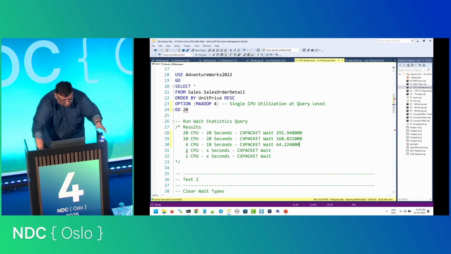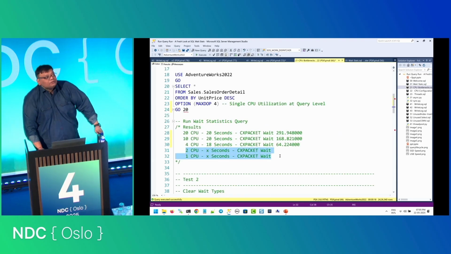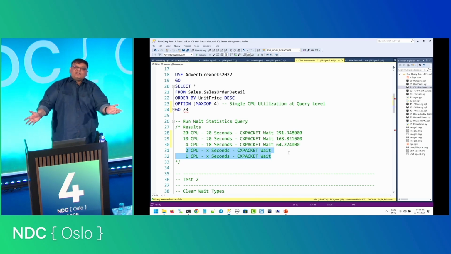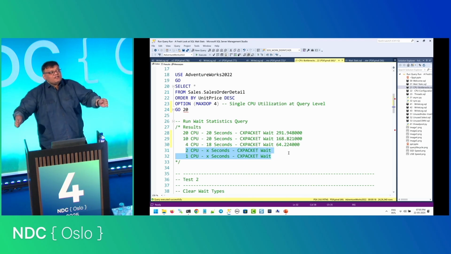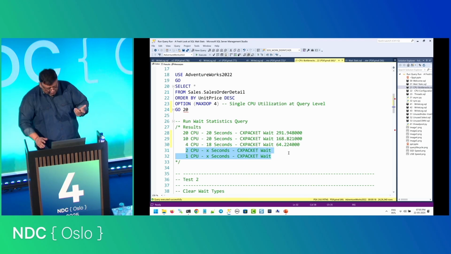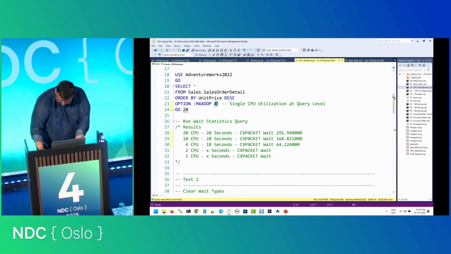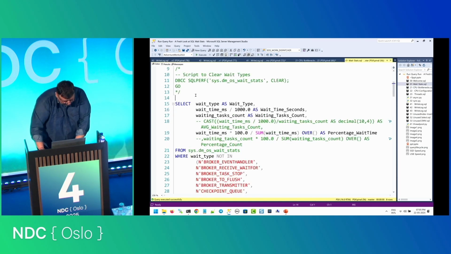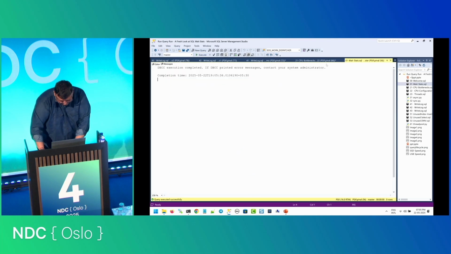64. Do you want me to try it with 2 and 1 or not? I'll let you guys decide. Because, as you can see, as I reduce the number of CPUs, my query is running faster. Okay, we'll try one last. And then I will explain what exactly is happening.